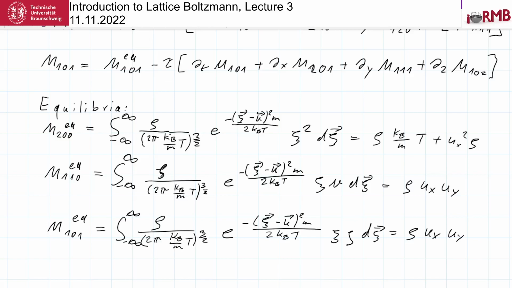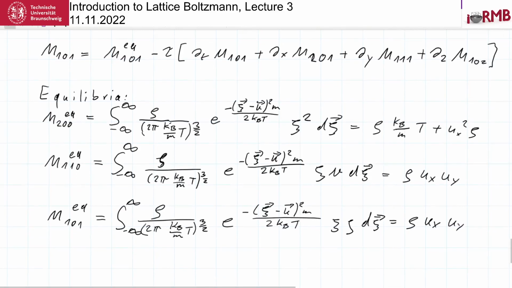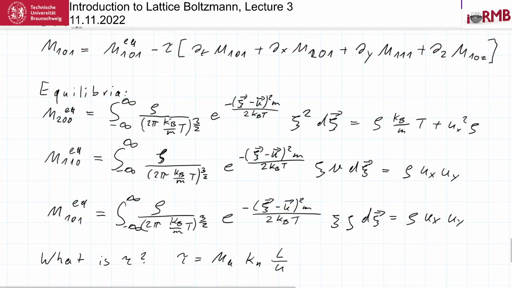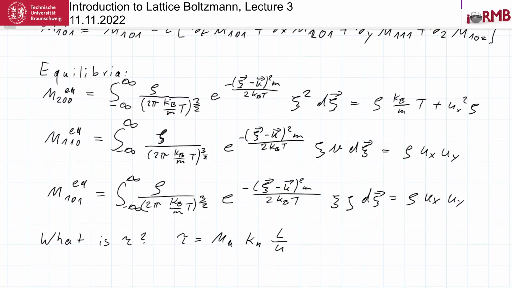And in order to stop this here, we make an assumption by reminding us again what is tau. So tau is Mach times Knudsen times L divided by U. And let's say that our system is very large.